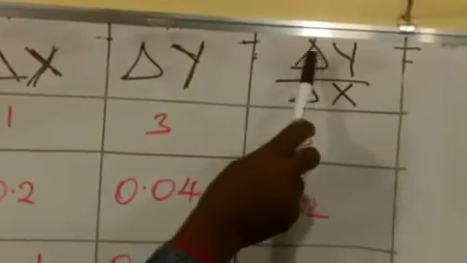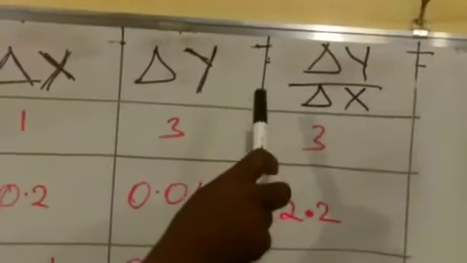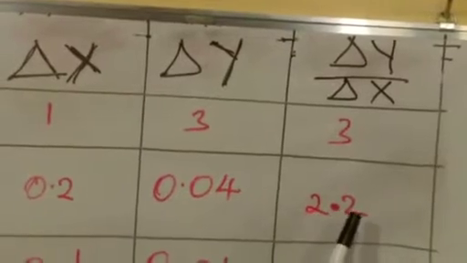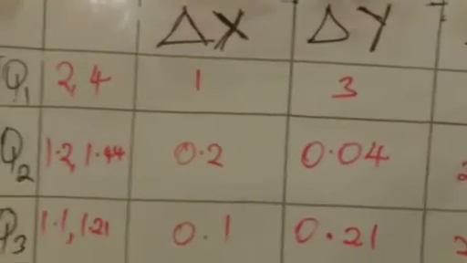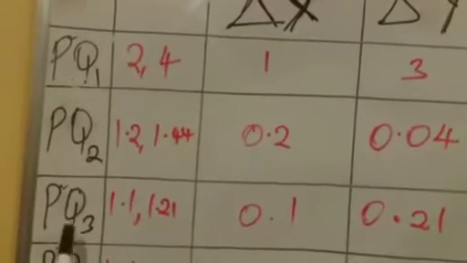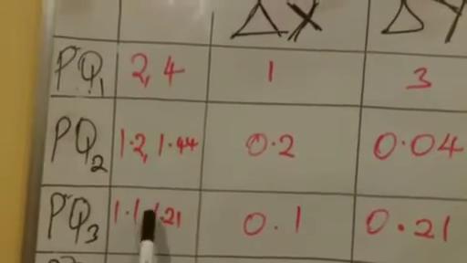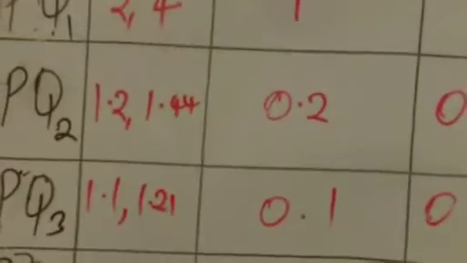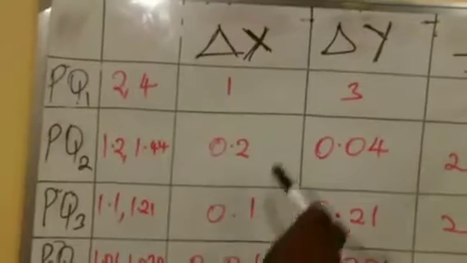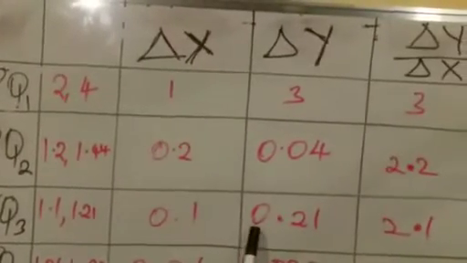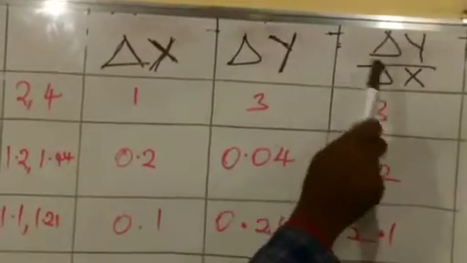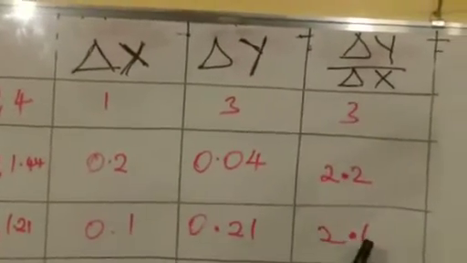The change in y over change in x, which is the gradient, will be 2.2. Then we have another point, P and Q3. This point is 1.1, and the Q point will be 1.21. The change in x will be 0.1, and the change in y will be 0.21. The change in y over change in x will be 2.1.